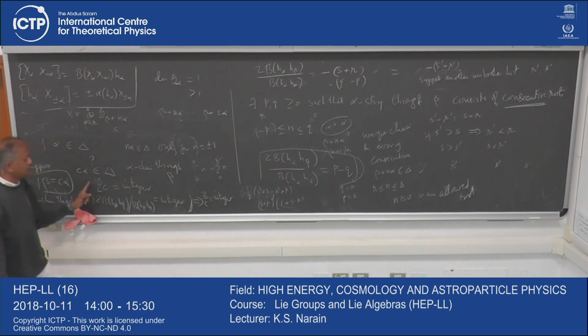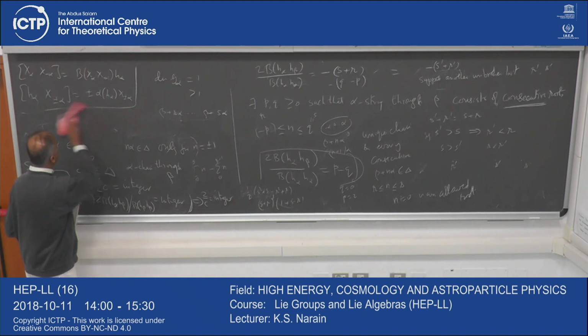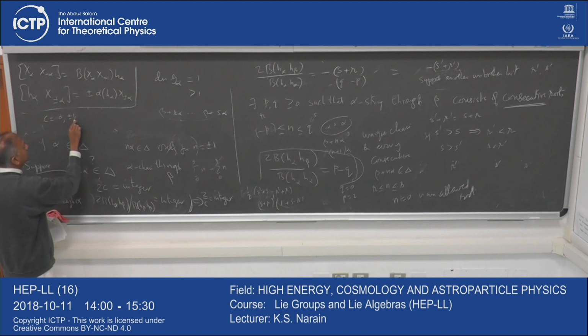So both these conditions simultaneously imply that the only possibility is C equal to 0, plus minus half, plus minus 1, or plus minus 2.